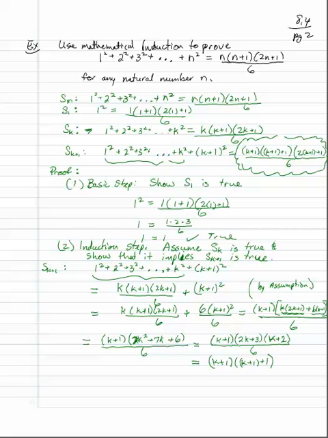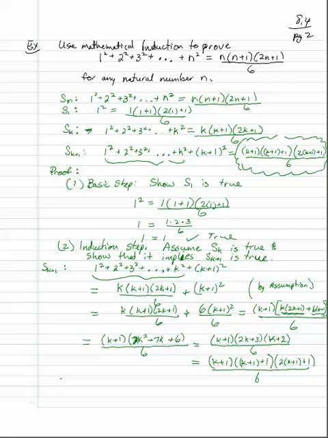And then 2k plus 3, we can rewrite just like the one above. It's 2 times k plus 1 plus 1, because if you distribute, you get 2k plus 2 plus 1, which gives you the 3. And so now you see that it looks exactly like above, so that tells us that S sub k plus 1 is true.